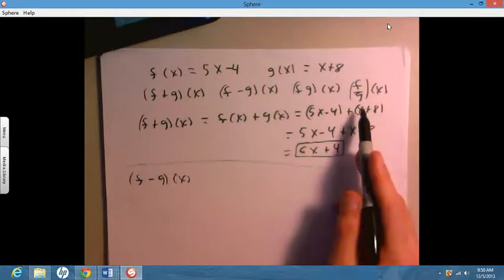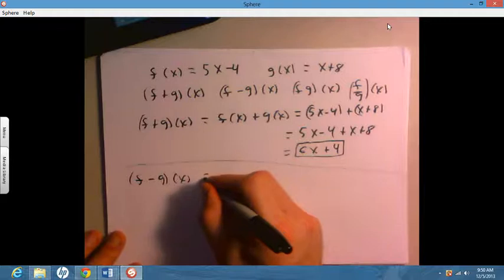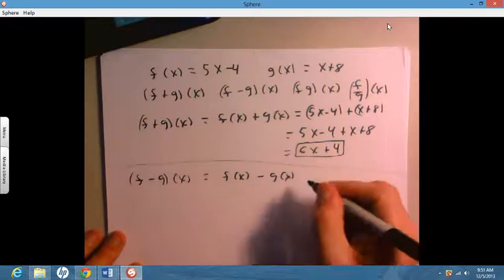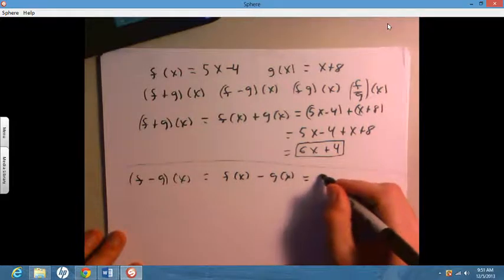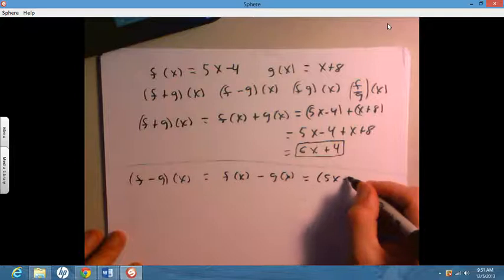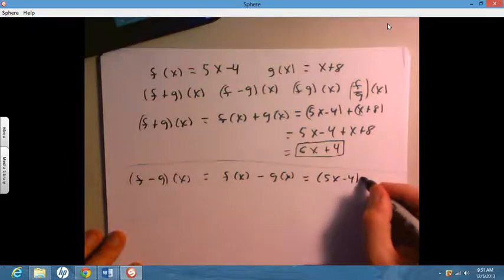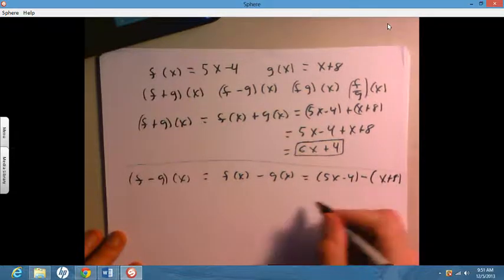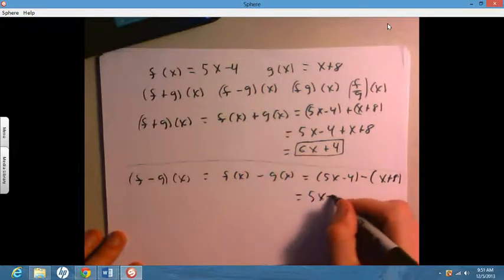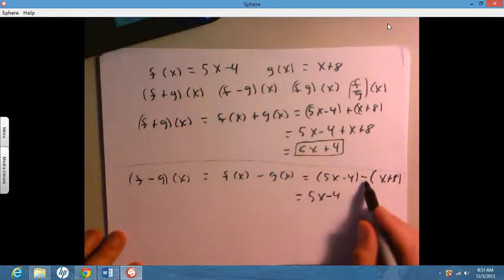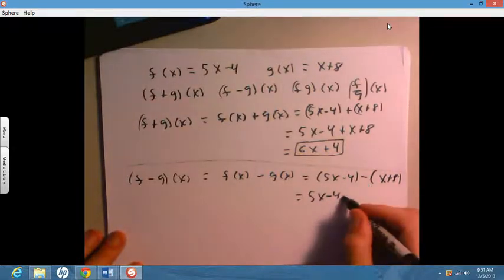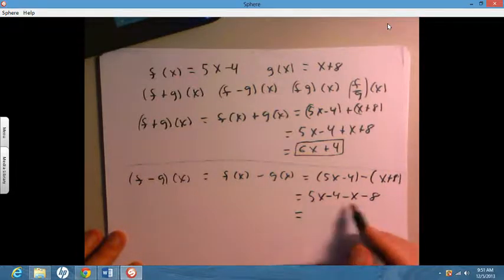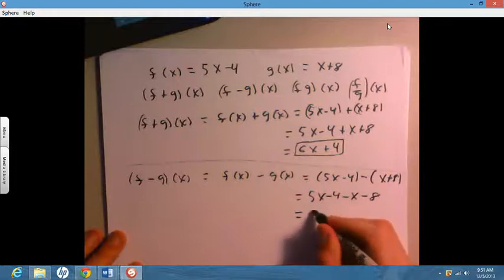Okay? So this is equal to f of x minus g of x. Well, f of x, as before, is just 5x minus 4, and we're doing a minus g of x. Well, g of x is x plus 8. Now I can distribute the minus sign, so it's going to be minus x minus 8. I'll just rearrange the terms so it's more obvious.